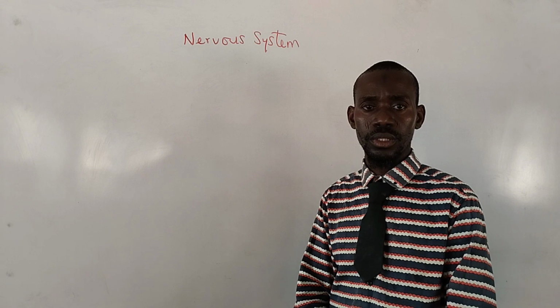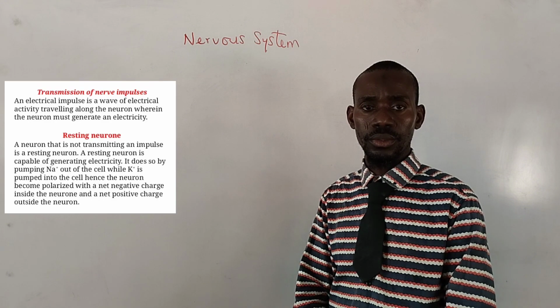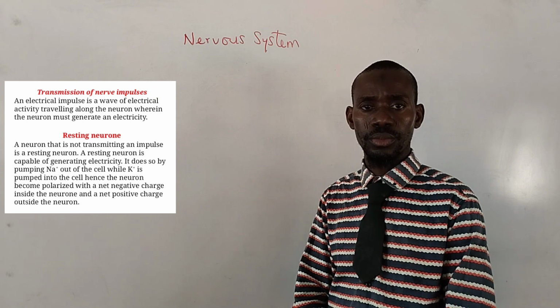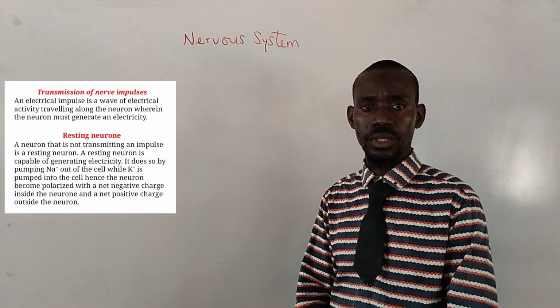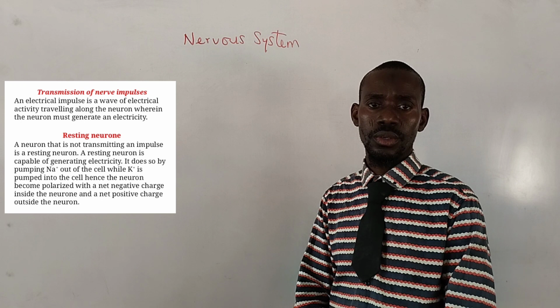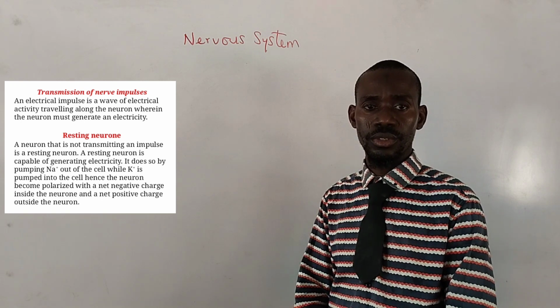We are starting with how impulses are transmitted along the neuron. Electrical impulses are a wave of electrical activity that travels along the neuron, wherein the neuron must generate electricity.